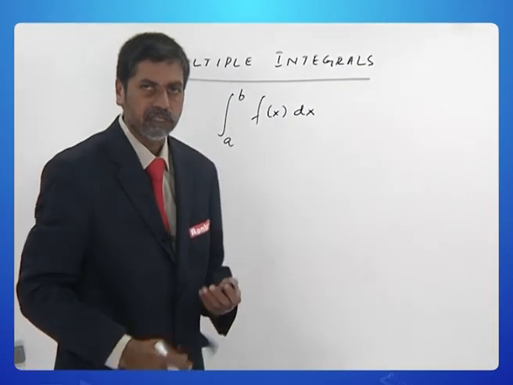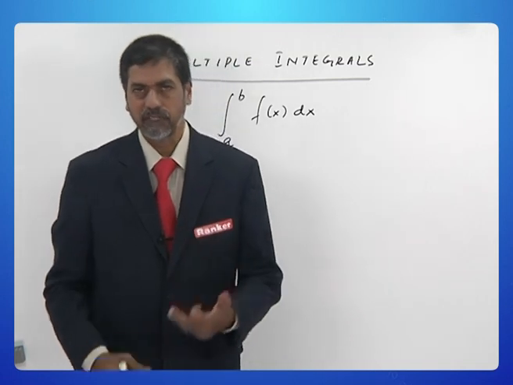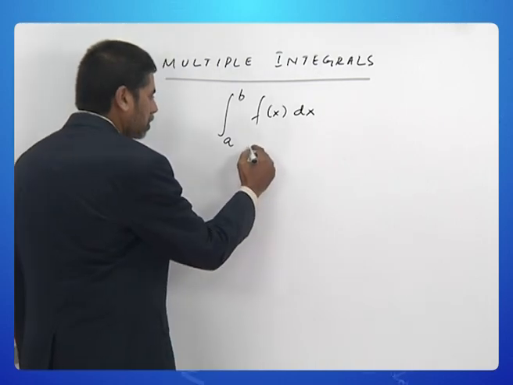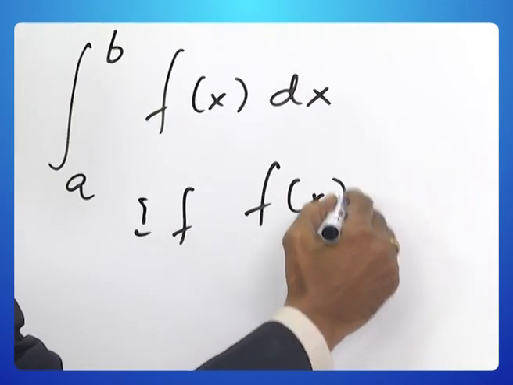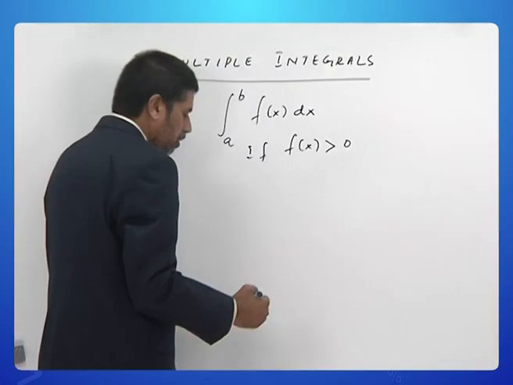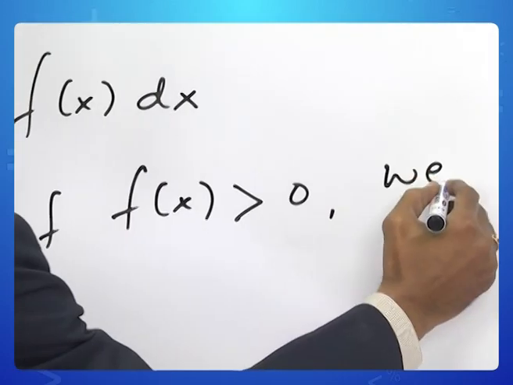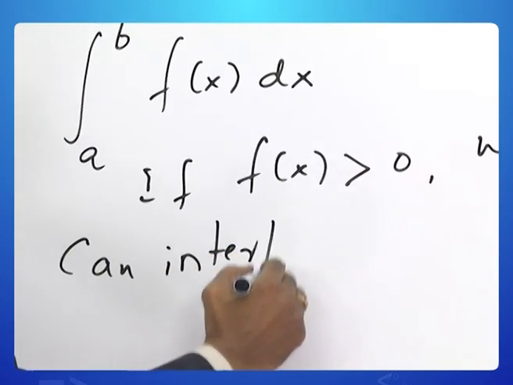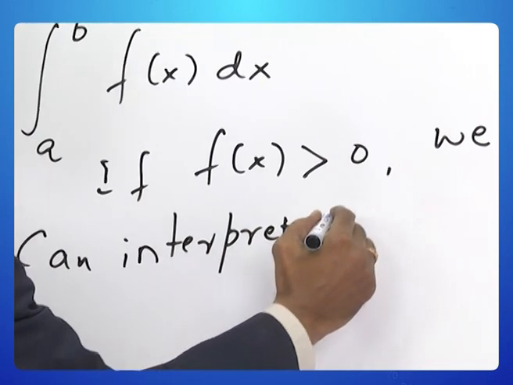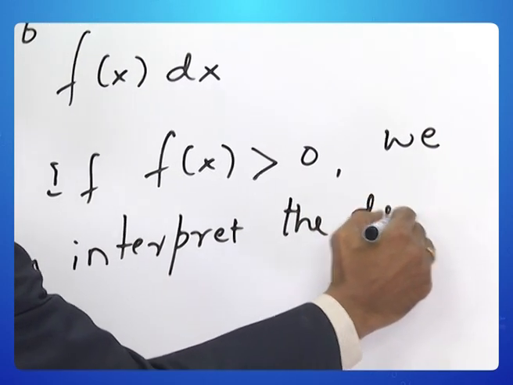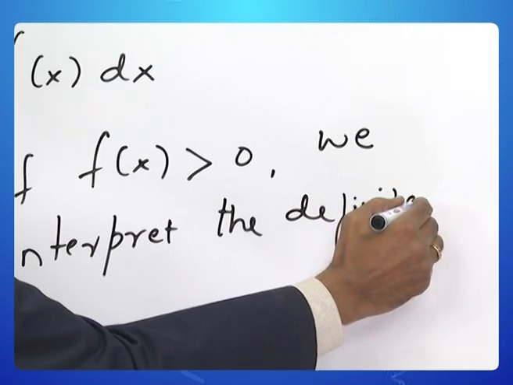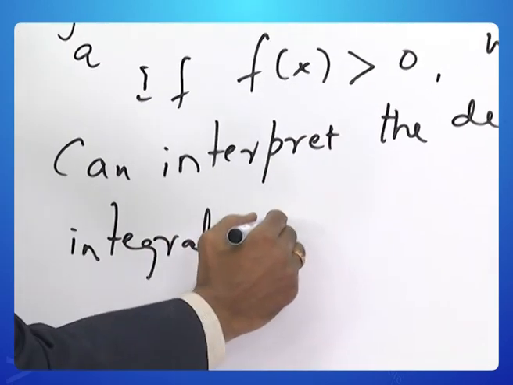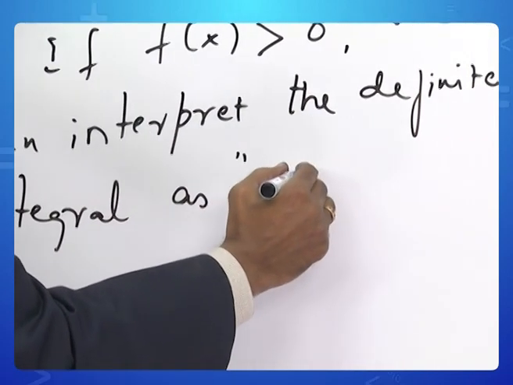Integral a to b f of x dx represents a definite integral within the limits a to b. Now, if f of x is greater than 0, we can interpret the definite integral as area.